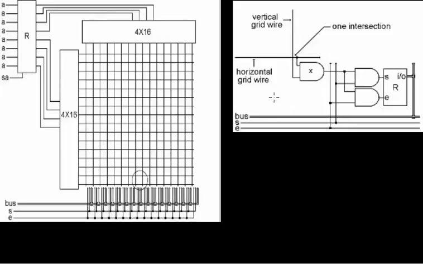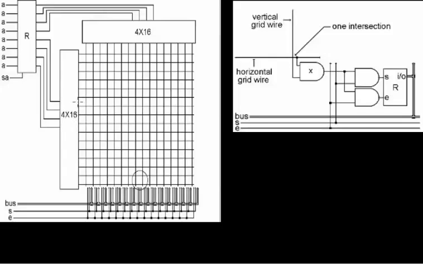Since the two decoders give a horizontal grid such as this one and a vertical grid, only one of each will be on. Let me explain this again.